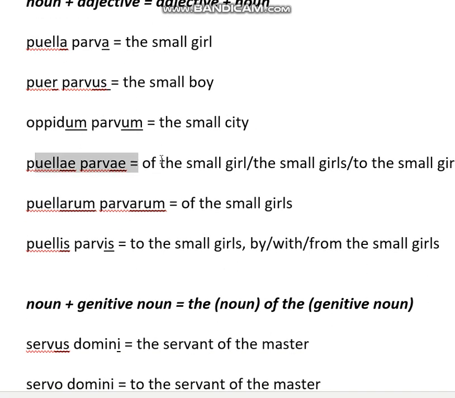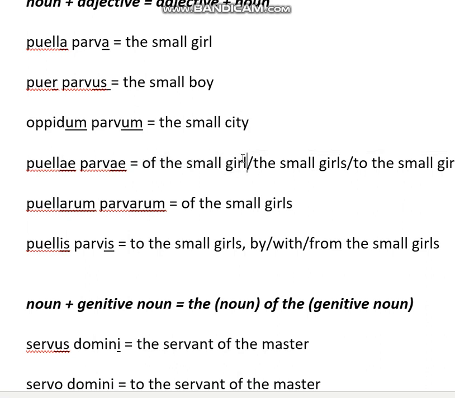But then we get to slightly different cases, so it's not simply nominative singular, and this is where noun plus adjective phrases start to get a little more difficult. So you have puellae parvae, the ae ending for feminine nouns and adjectives. It could be genitive singular, in which case you would translate it as of the small girl.